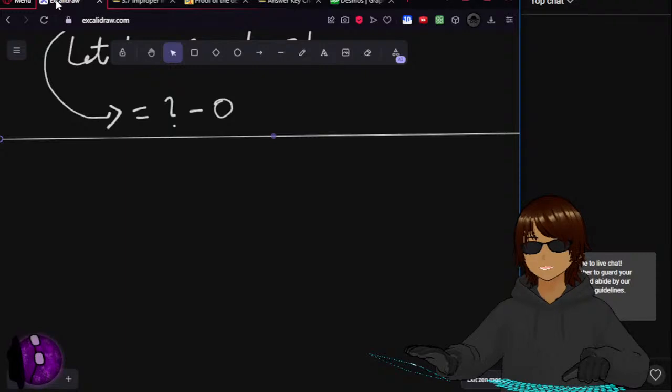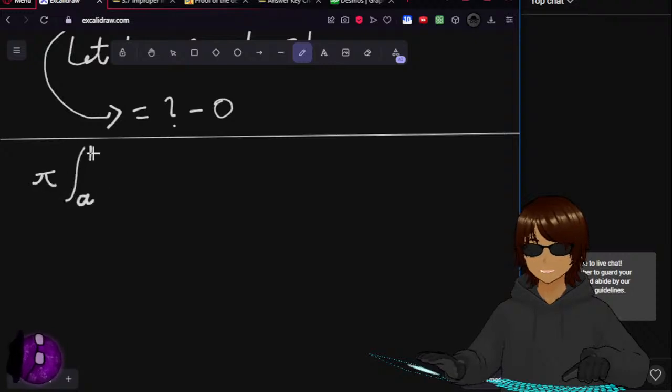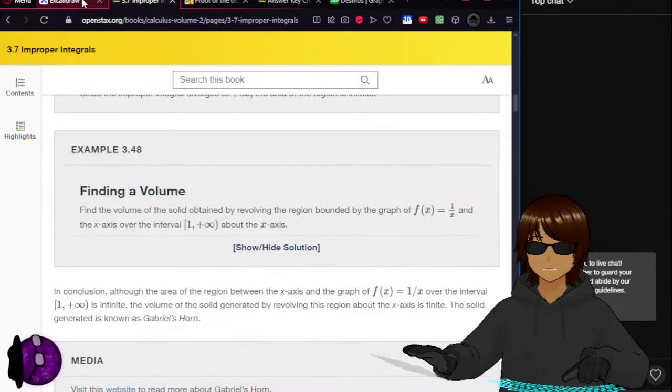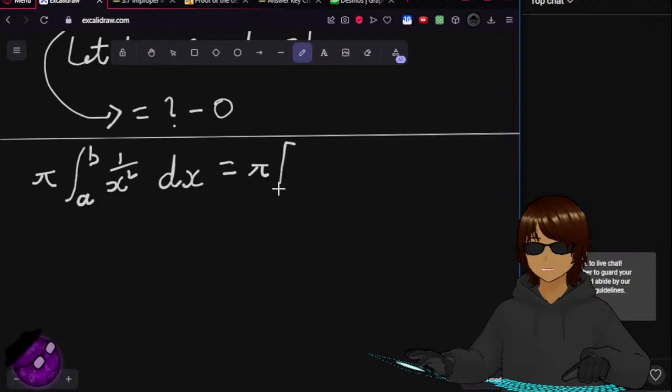Pi times the integral from a to b of 1 over x squared dx. I guess it's this. I'm not sure about this.